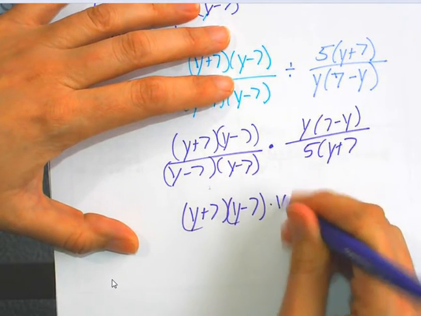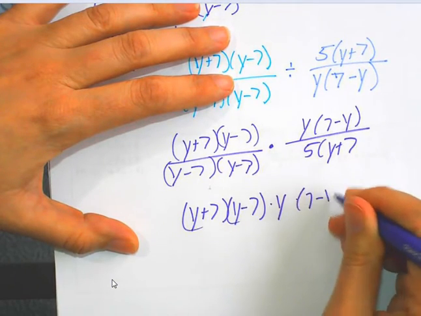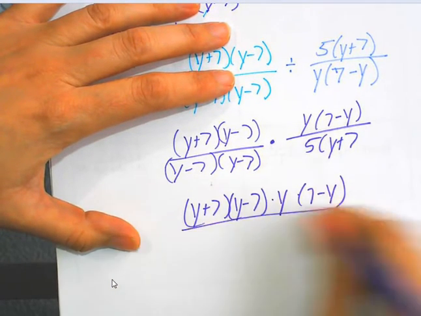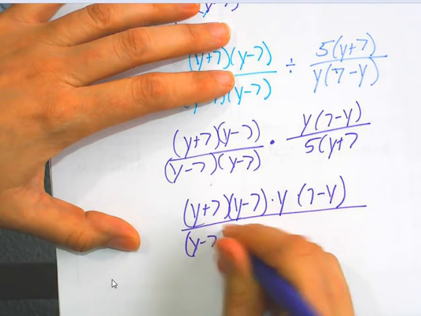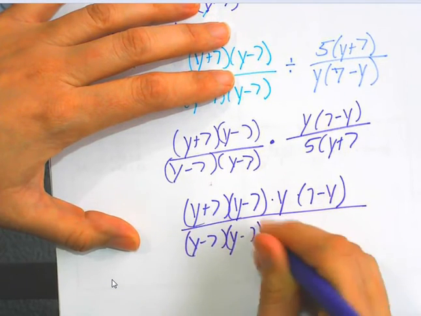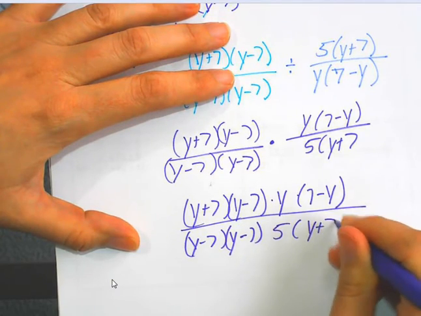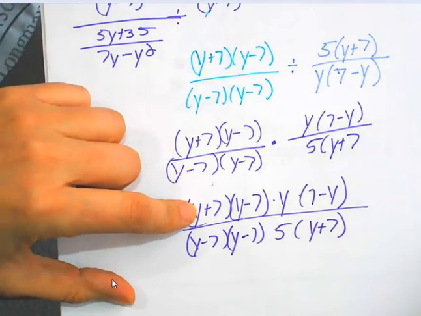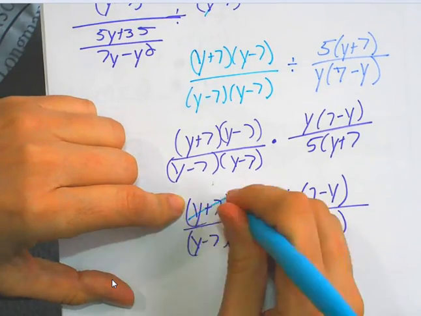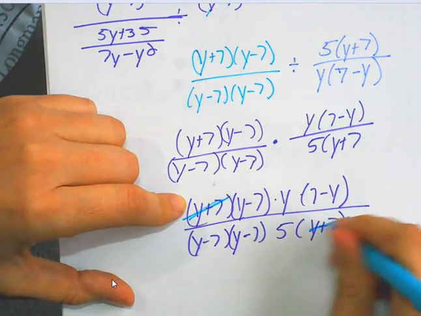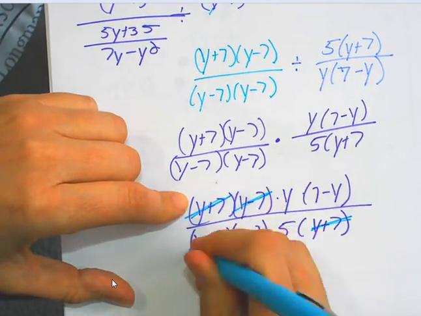Times y times 7 minus y. And then on the bottom we have y minus 7, y minus 7, and then 5 and y plus 7. All right, let's see what we can cross out here.